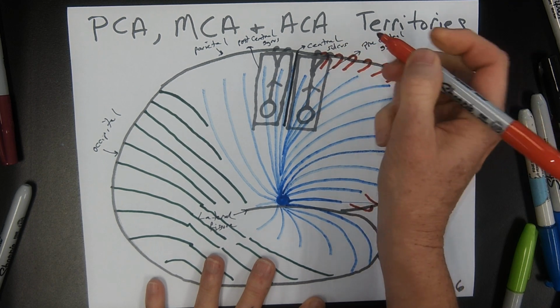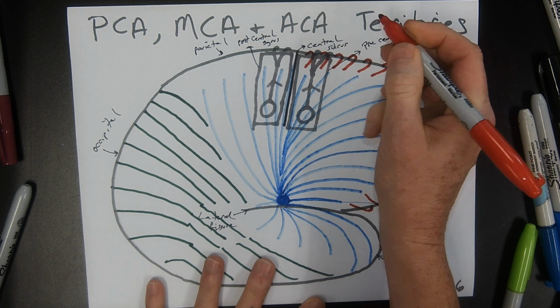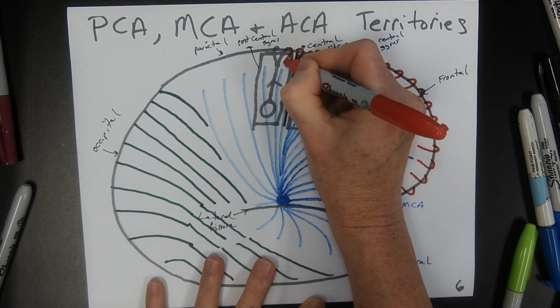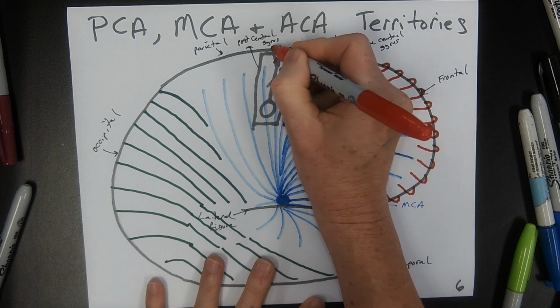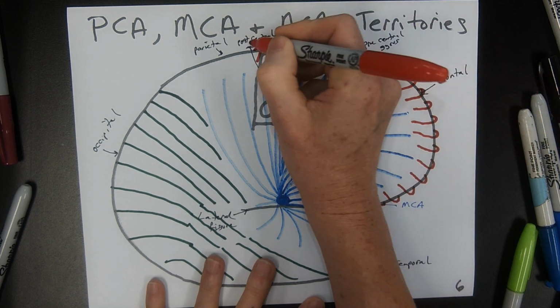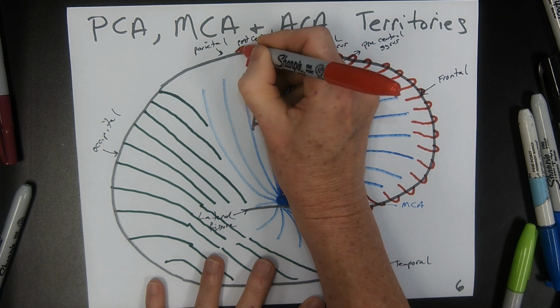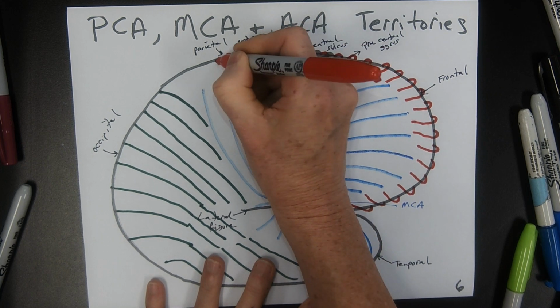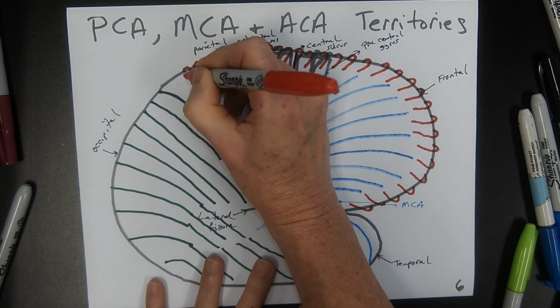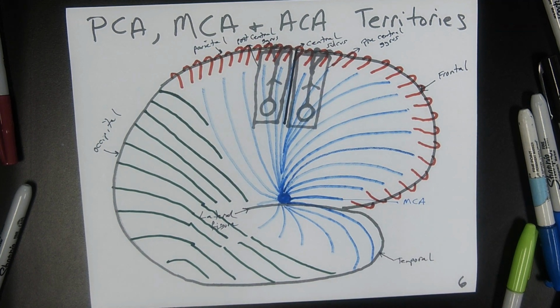Here's the important part. Since the ACA comes out and flips a little bit over, it hits a special part of the homunculus. Okay, that's ACA territory in red.